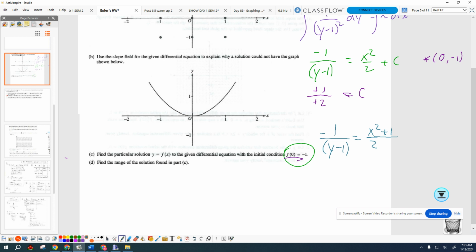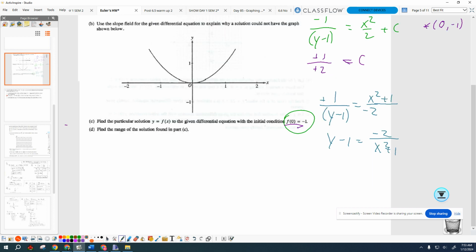Because now, if I didn't do that, then the next step is harder. I'm gonna multiply both sides by -1, just change the signs on both sides. And now I'm gonna turn everybody upside down. So I get y minus 1 equals -2 over (x squared plus 1).